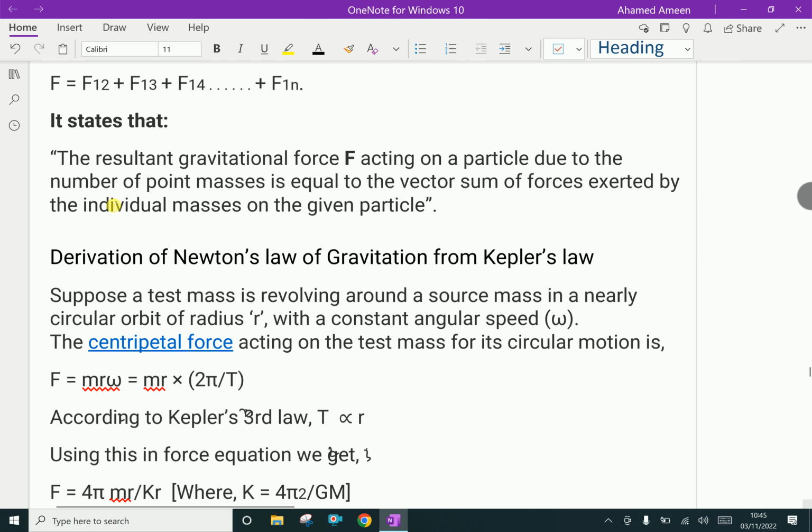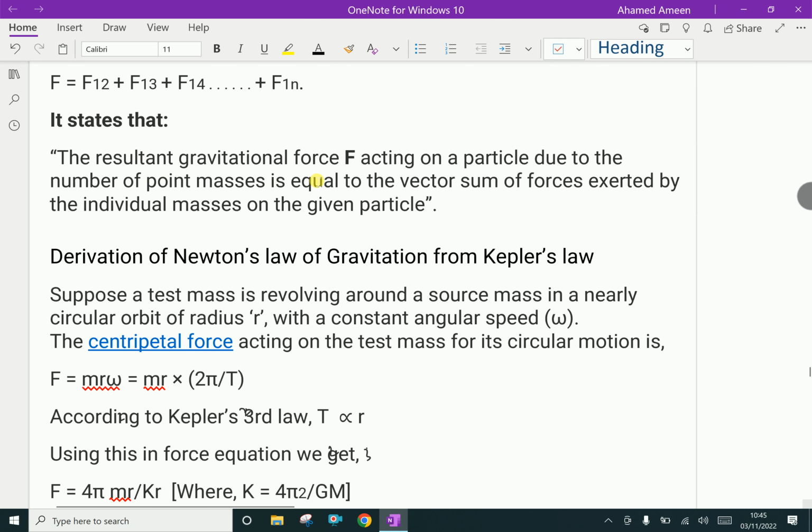It states that the resultant gravitational force F acting on a particle due to a number of point masses is equal to the vector sum of the forces exerted by the individual masses on the given particle.